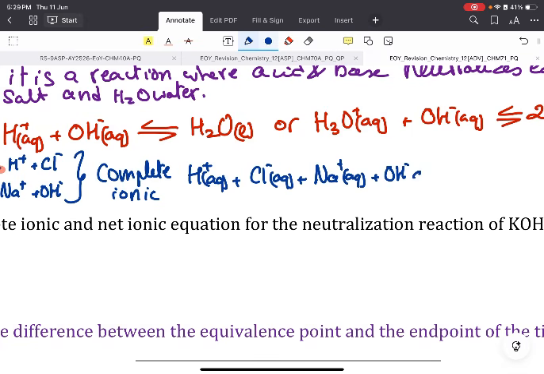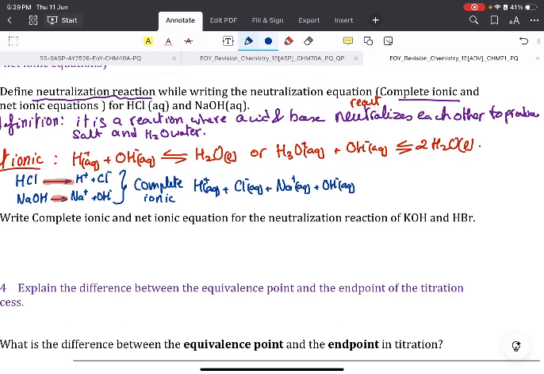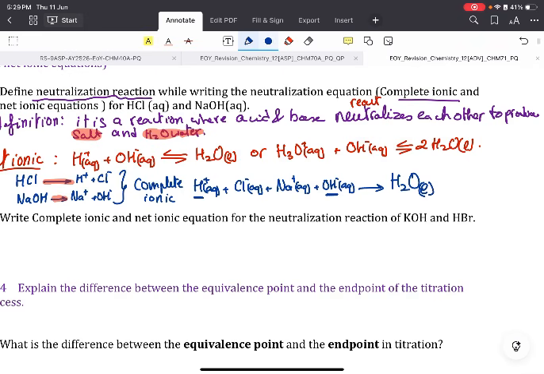Now let's go back to the definition. When I said that an acid reacts with a base, they neutralize each other to produce salt and water. So let's now form the water. These two, they form the water. That's H2O. So I'm done with these two. I already made water out of them.